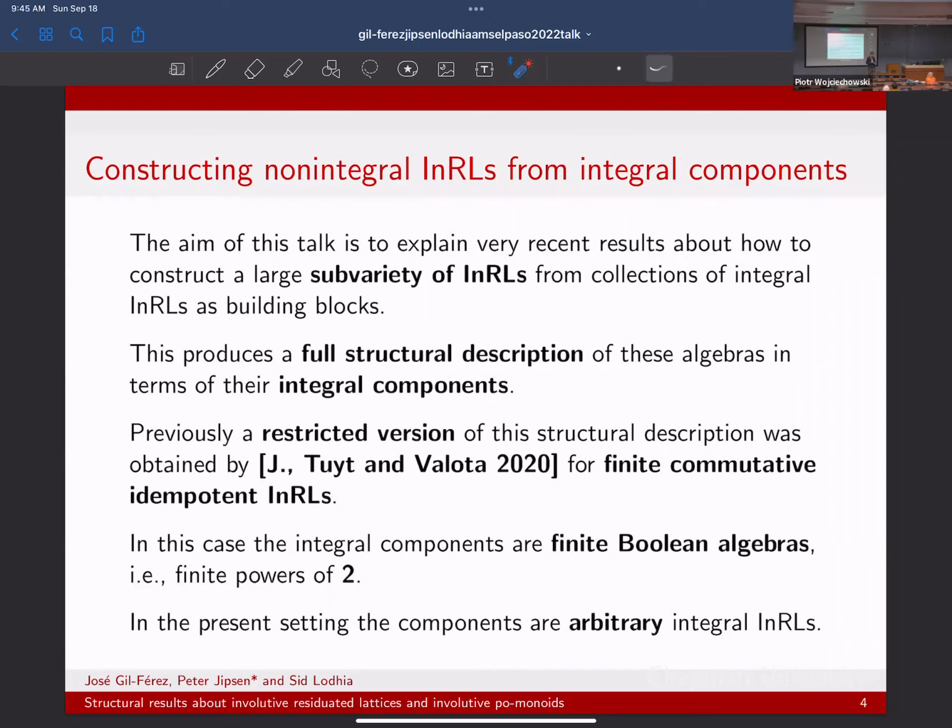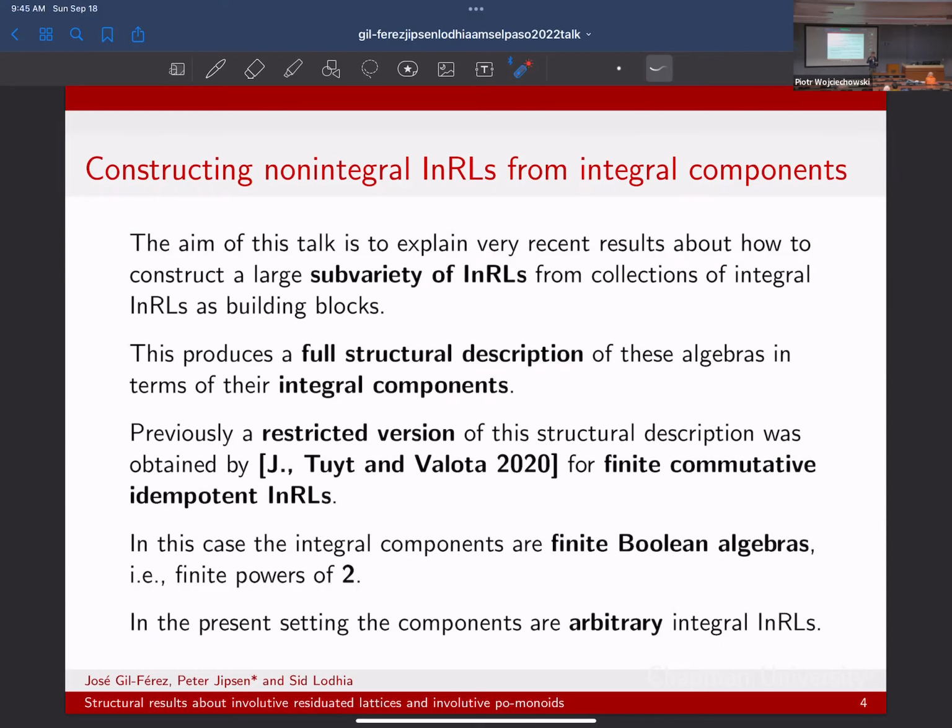And in this restricted case, when you assume idempotence, the integral components are just Boolean algebras. And we restricted ourselves to finite things because we wanted to see how it works. We were looking at finite Boolean algebras and how they get patched together.